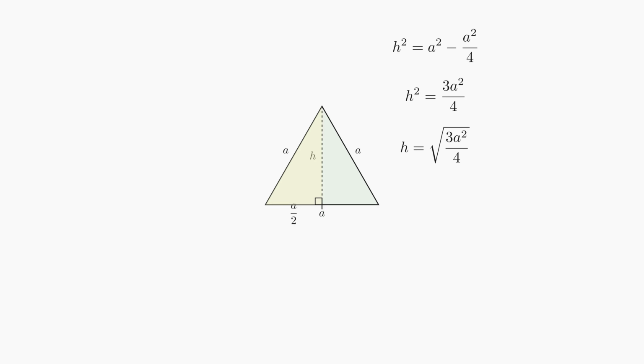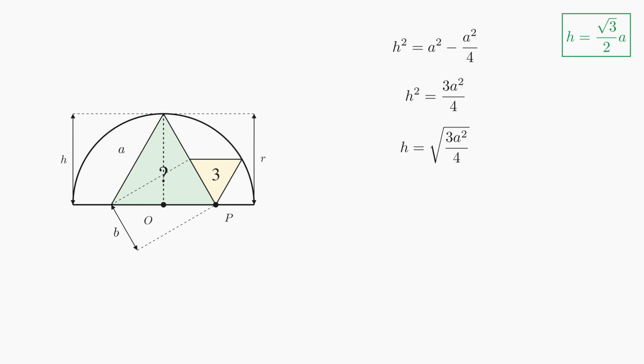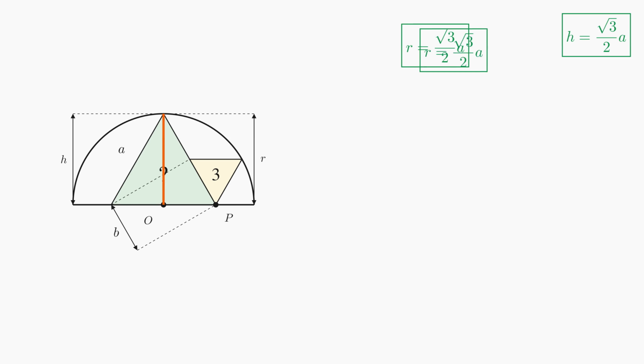Taking the square root of both sides. This simplifies to square root of 3 times A, all over 2. Now we can express the radius in terms of A. Since the radius equals the height, r equals square root of 3 over 2 times A.